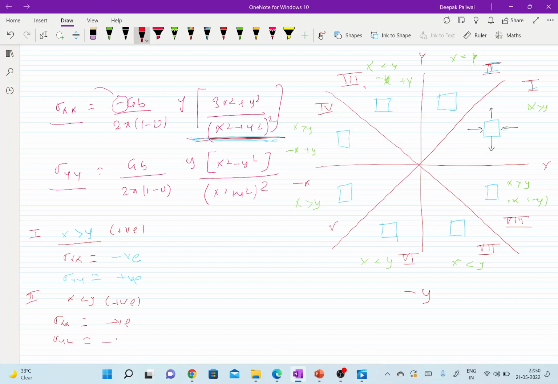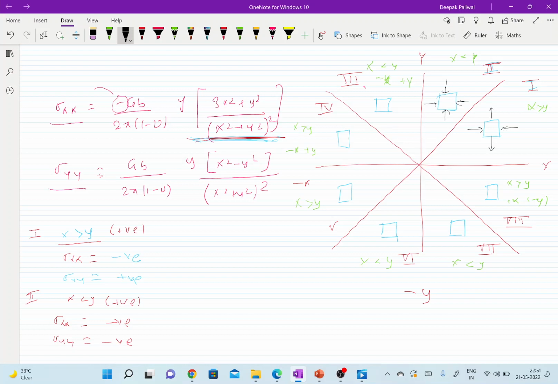So sigma xx is negative, sigma yy is also negative, because y is greater than x, so this term becomes negative, and this complete term is positive from the beginning, so sigma yy will be a negative quantity. So both become compressive. This is already compressive, this also becomes compressive.